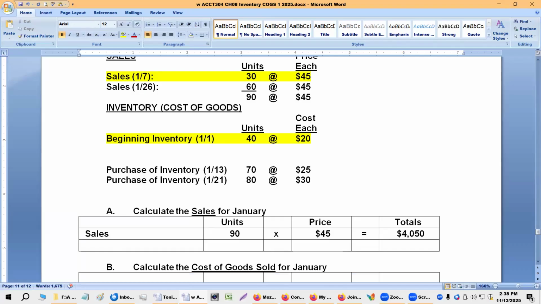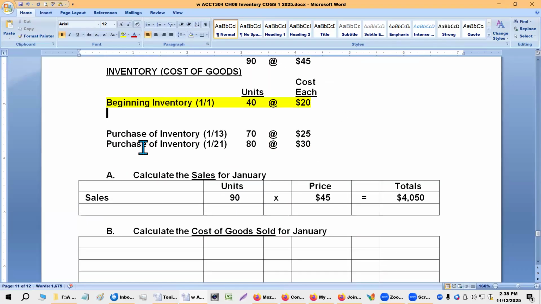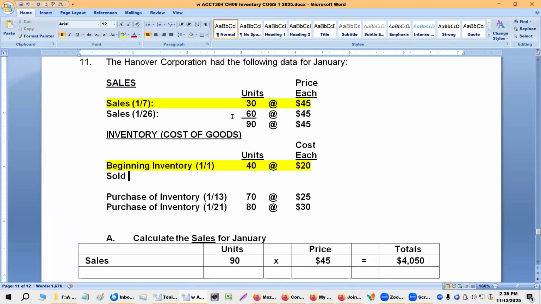I know I should have left more room on this. I should redo this one, because you guys can't do that on your paper. Okay, so we sold how many units? 30 units.